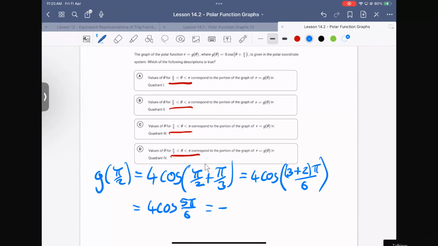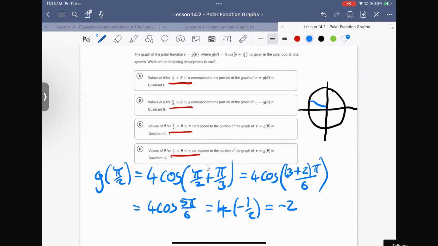So this is going to be 4 times minus a half. Let me do a unit circle to make sure I'm not getting this wrong. Here's our unit circle. Our angle is over in this direction. Yeah, that's minus a half. That's 5 pi over 6, which is going to give us minus 2.